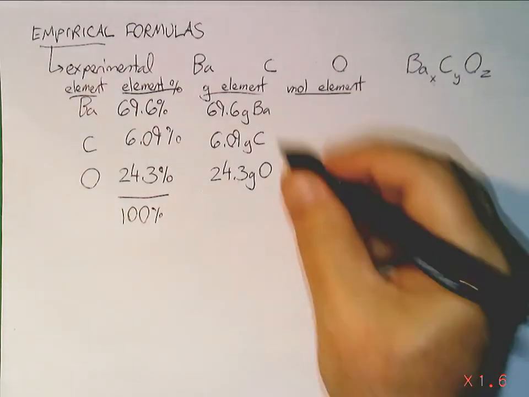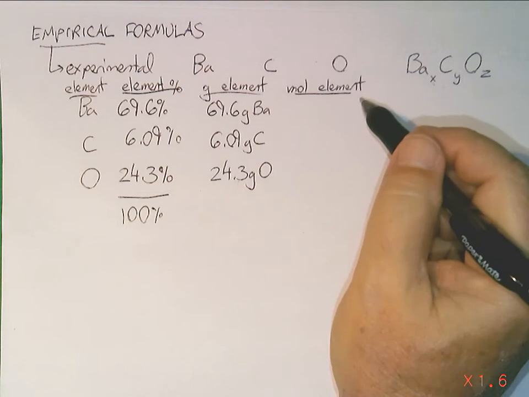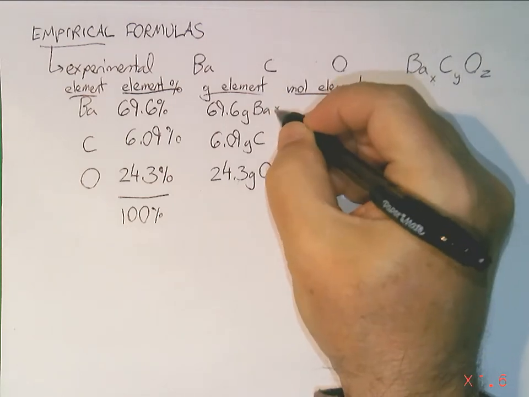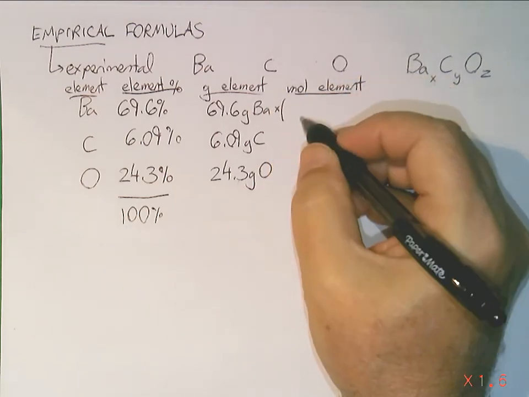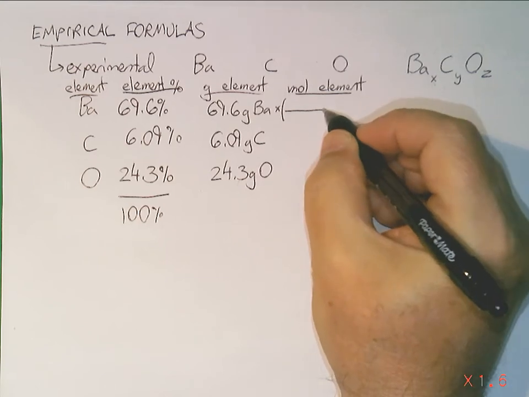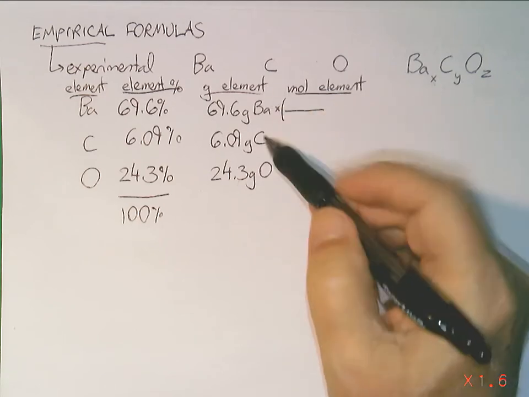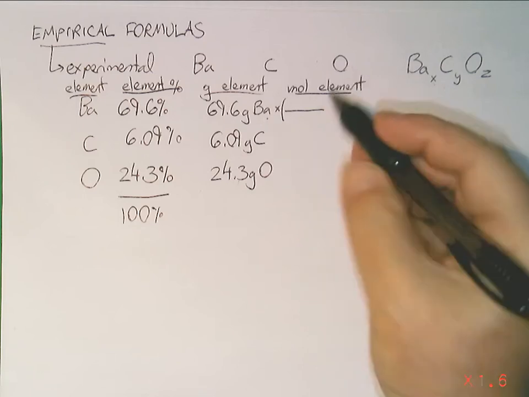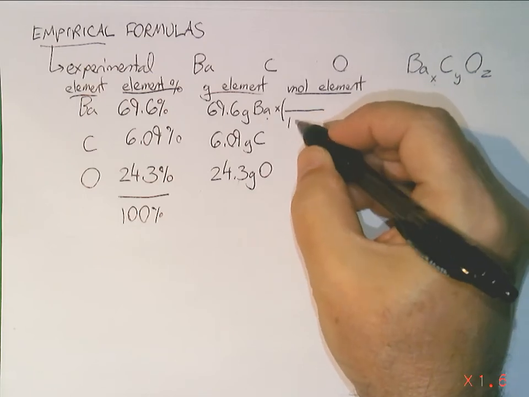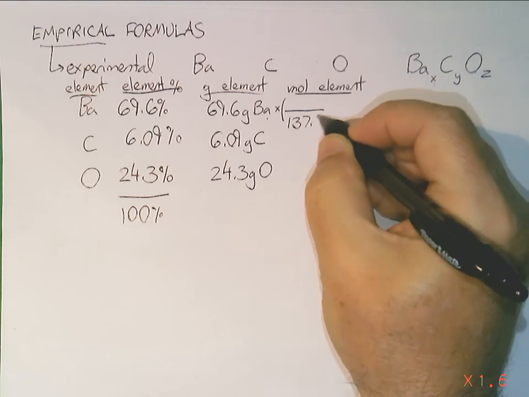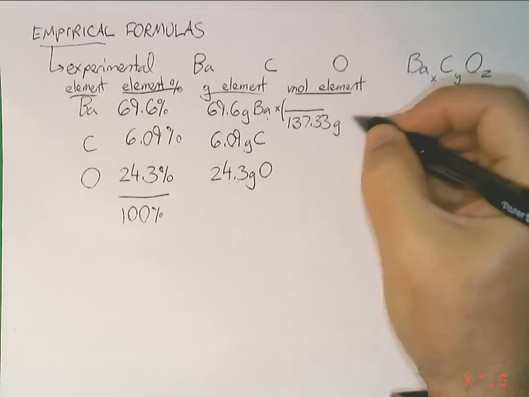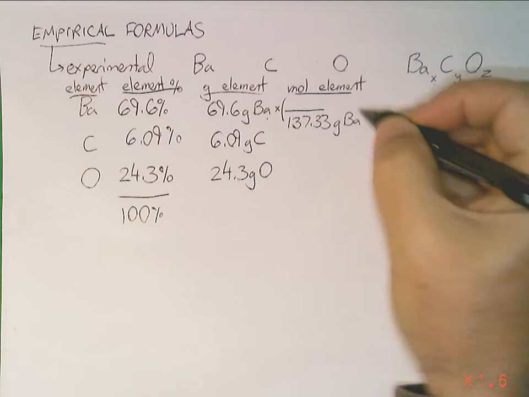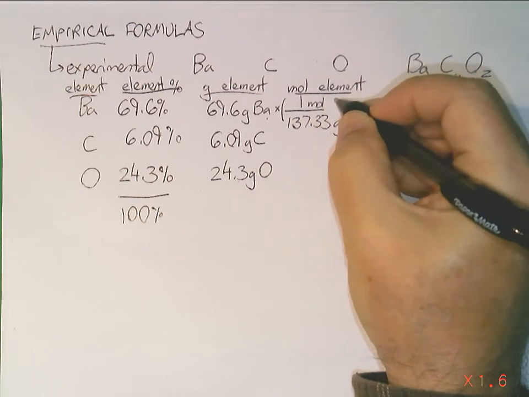And then what we're going to do is convert each of these gram amounts into mole amounts. And we already know how to do that. We need the molar mass, right? Get your periodic table out and look up the molar mass for barium. What is it? You should see it's 137.33, and that's how many grams of barium there is in 1 mole of barium.